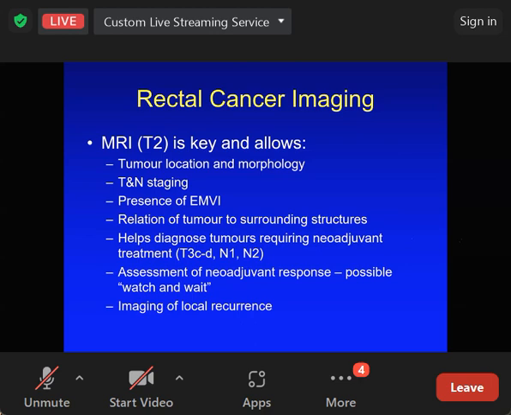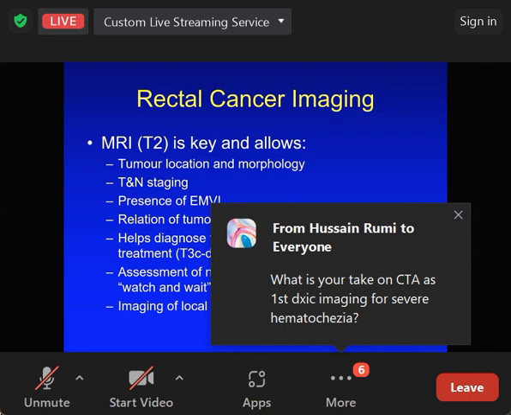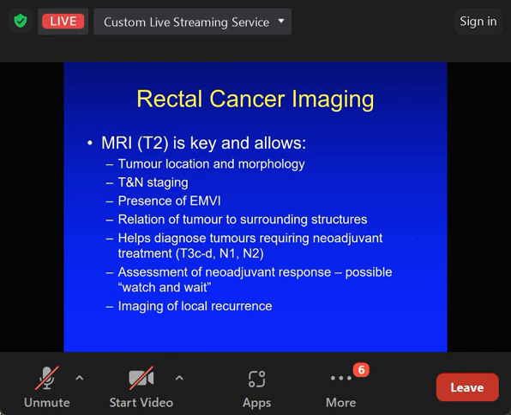Then, of course, if you've got metastases in the liver, you're much more likely to think about that, and you could biopsy a liver metastasis to confirm your fears. With MRI, you've got the advantage of diffusion-weighted imaging to look for malignant tissue, but again, it's not specific for malignant tissue.